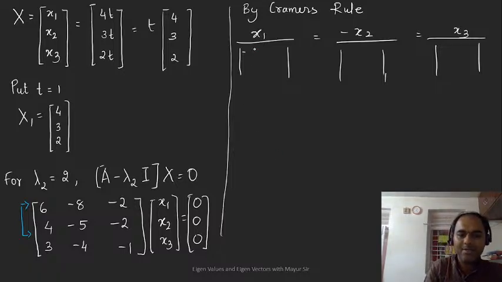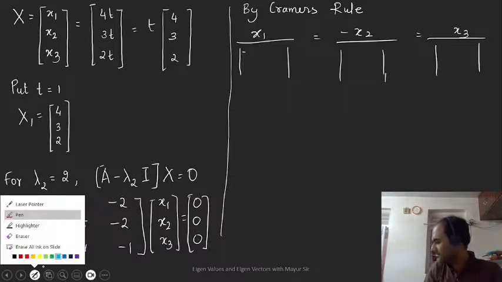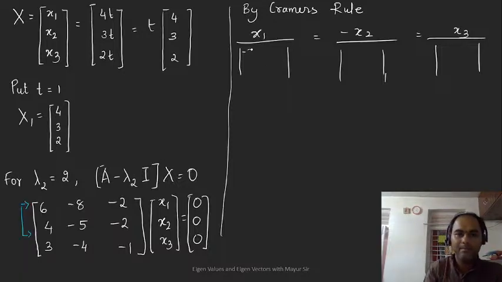You hide the first row, you get -8, -5, -2, -2. Then hide the second row, you get 6, 4, -2, -2.